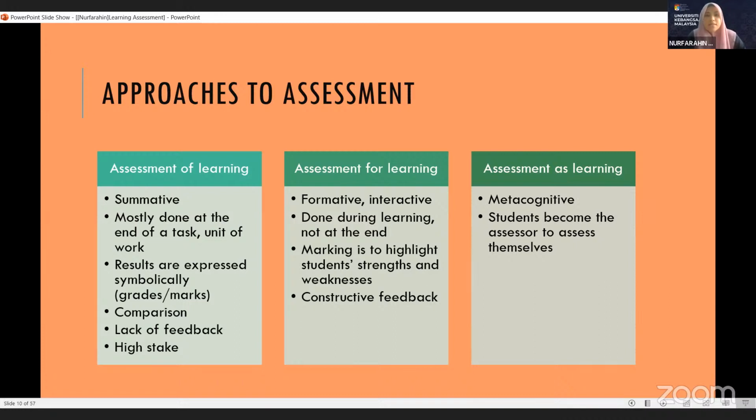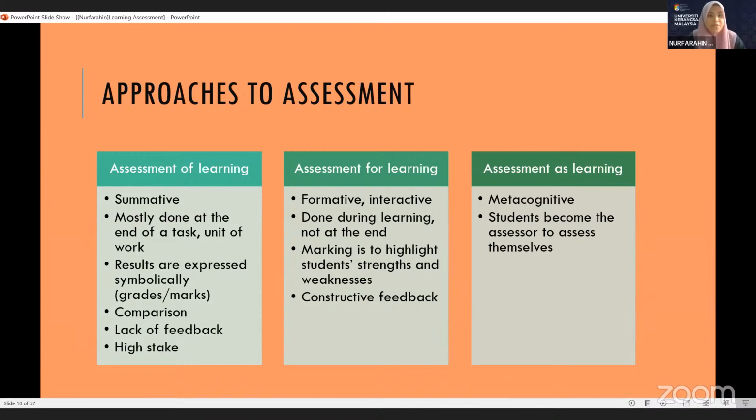Okay. And then let's look at the second approach, assessment for learning. Previously it was summative, but right now it's formative, and it is also interactive. Why is it interactive? Because this is where the teachers start sitting side by side with the students.